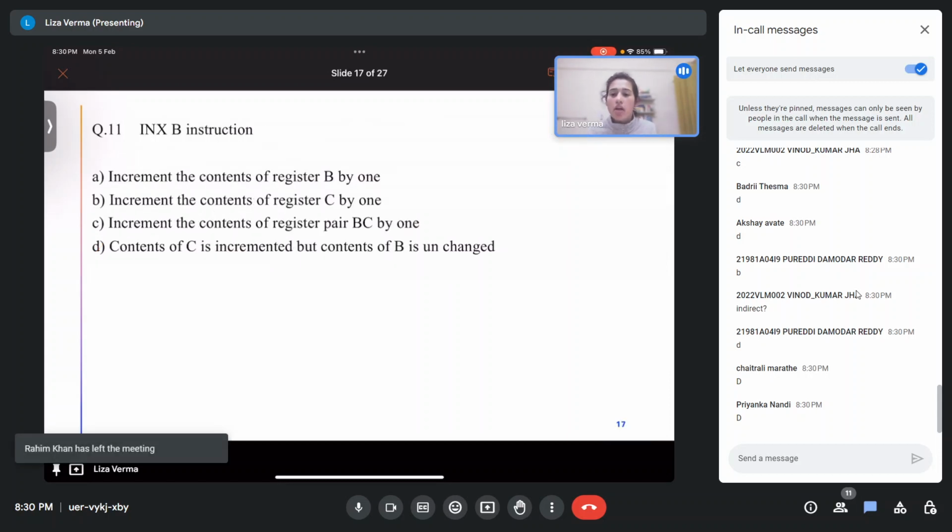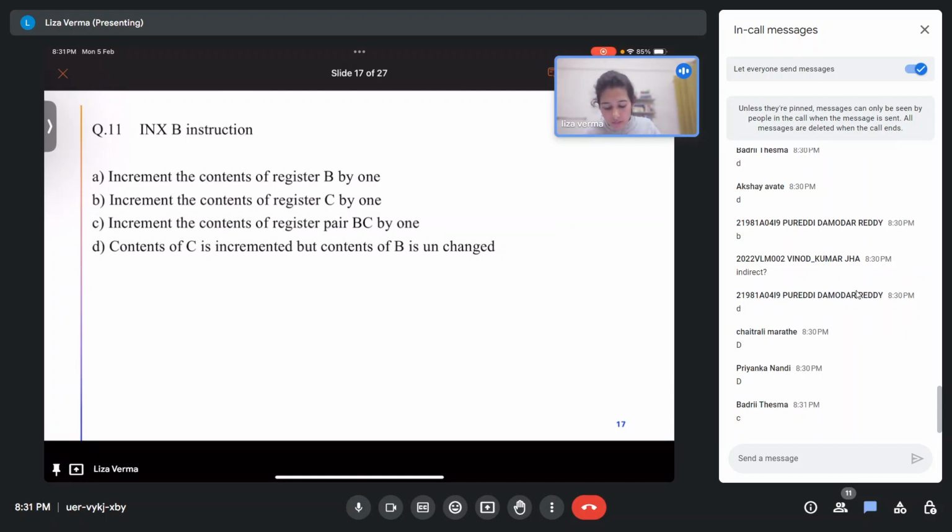What does the INX B instruction do? Does it increment the contents of register B by 1, increment the contents of C by 1, increment the contents of register pair BC by 1, or is the content of C incremented but the content of B unchanged?